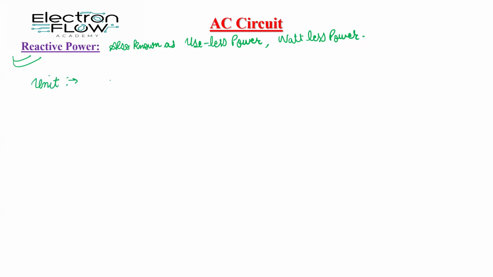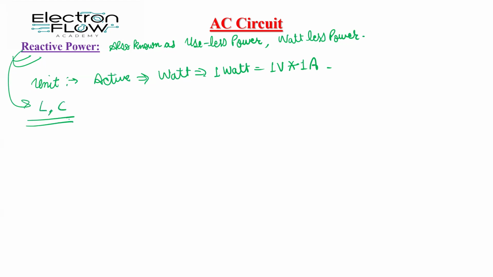The unit of active or real power is the watt, where 1 watt is equal to 1 volt into 1 ampere. Whereas reactive power represents energy that is first stored and then released in the form of a magnetic field or electrostatic field, in the case of an inductor and a capacitor.